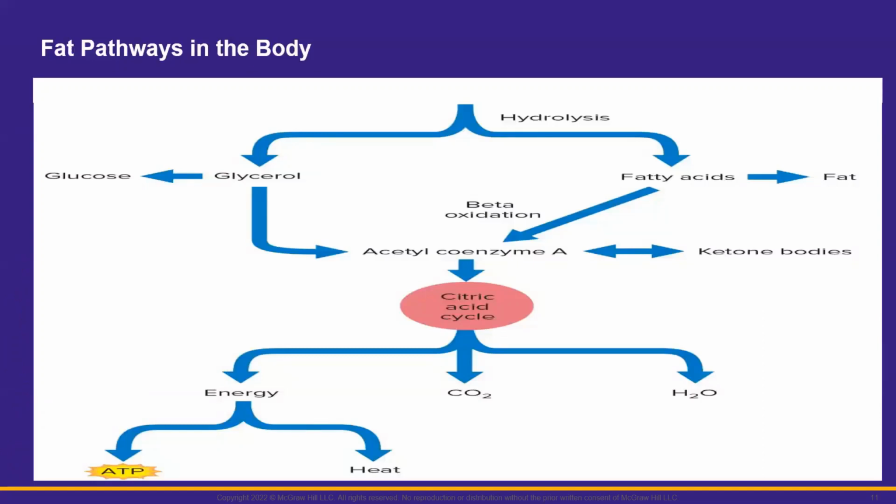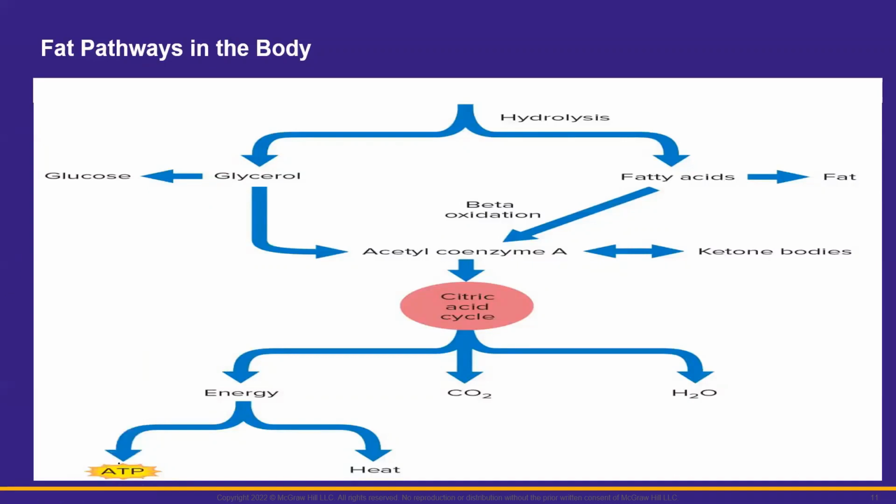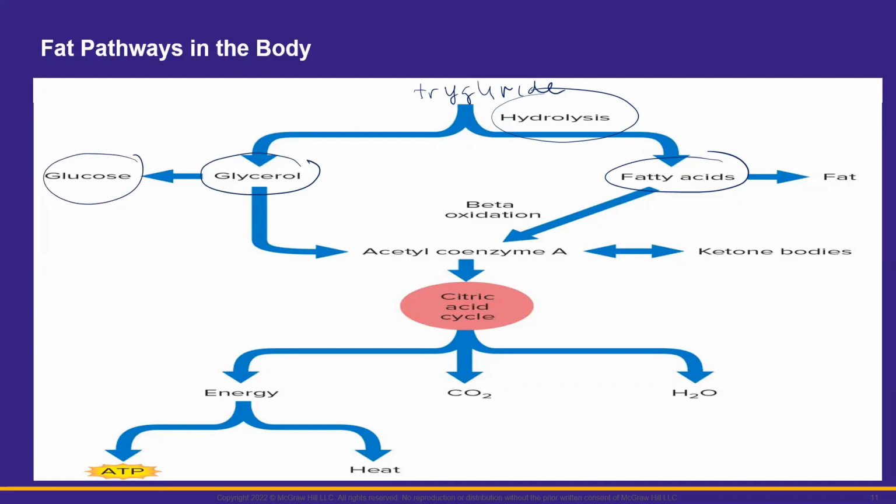This is the pathway of fat, or triglycerides. After hydrolysis, which is the digestion, the triglyceride will be converted into glycerol and fatty acids. This glycerol can be converted into glucose, and then it can be used to make ATP.